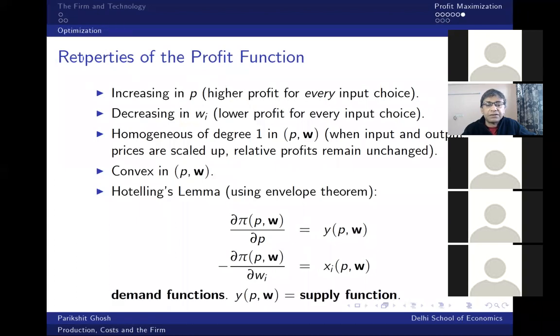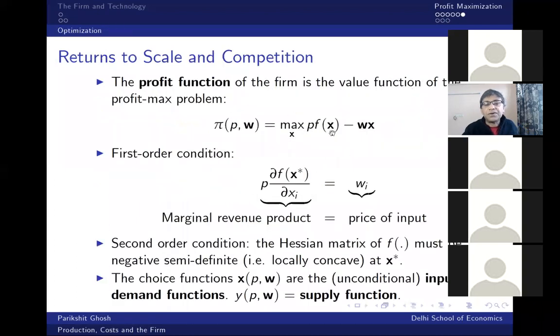Essentially, all this analysis that we did, go back to the production function, F(x). Fix your time frame: 1 month, 1 year, whatever it is. Just ask the question, which are the inputs which can be changed within this time frame? And use that production function. So this F(x) can be the production function relevant for a month, relevant for a year, relevant for the next 10 years, what have you.